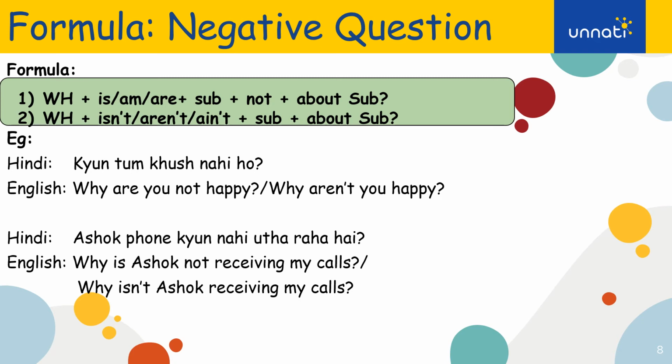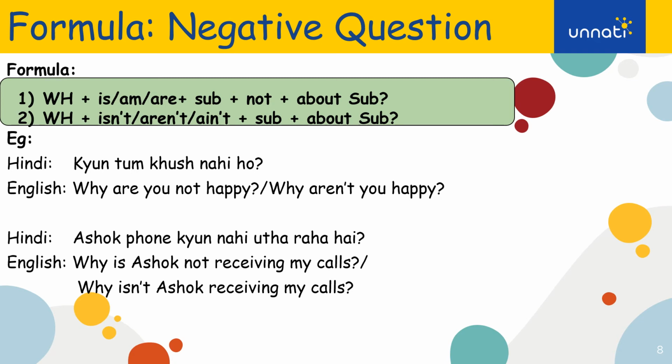So what we are doing is question word plus is not together, isn't or aren't, plus subject plus about the subject. So the same sentence, why are you not happy, we would say as why aren't you happy? Take a look, we have joined are and not together. Why aren't you happy?